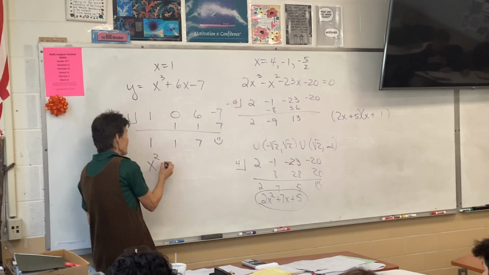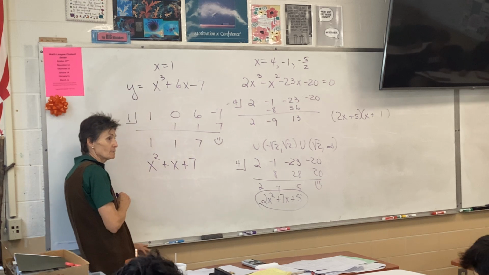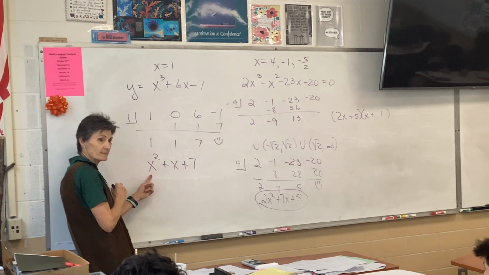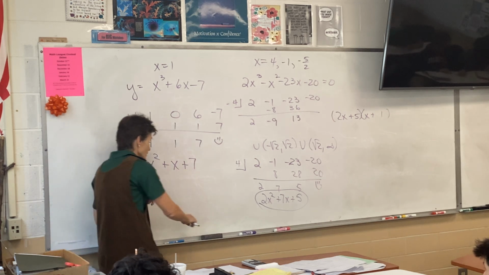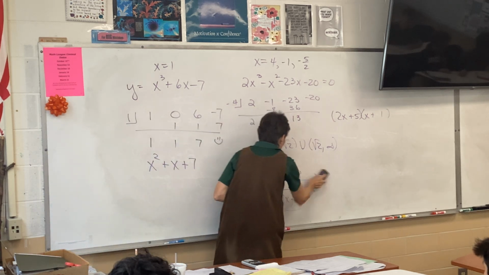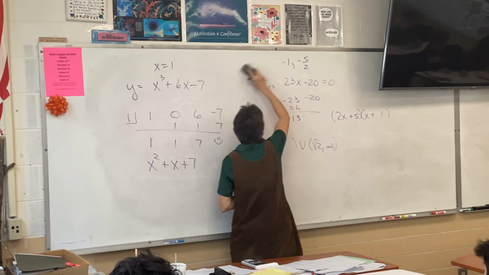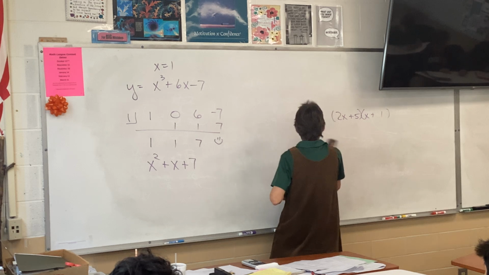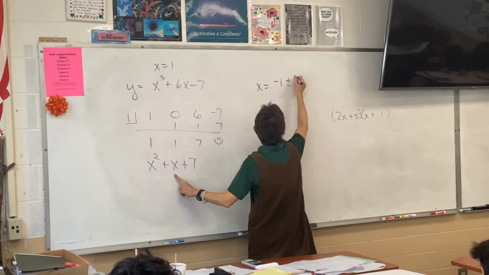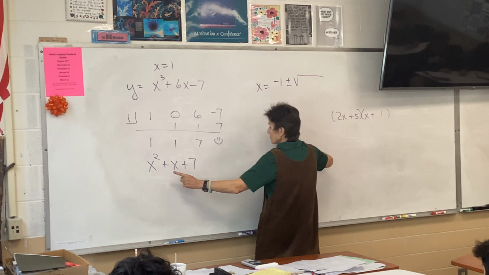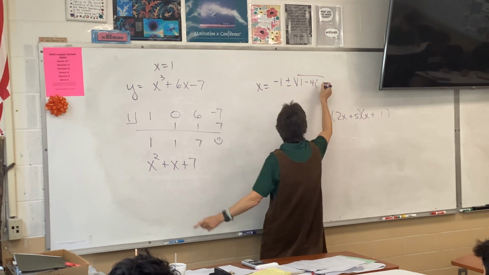Now this time I am going to need the quadratic formula. That's now quadratic. So let's run through that to make sure everybody's got that under control. X equals negative b plus or minus the square root of b squared. Uh-oh.